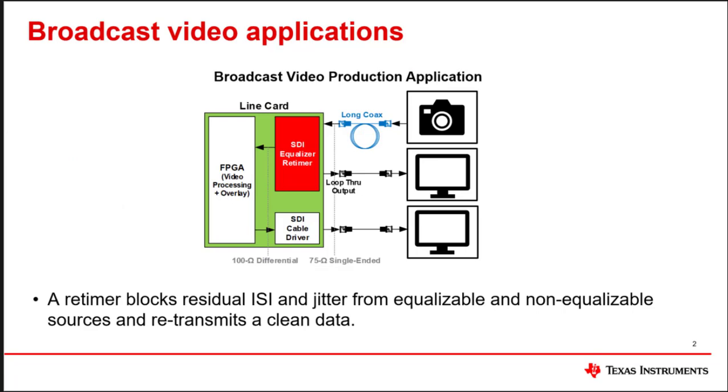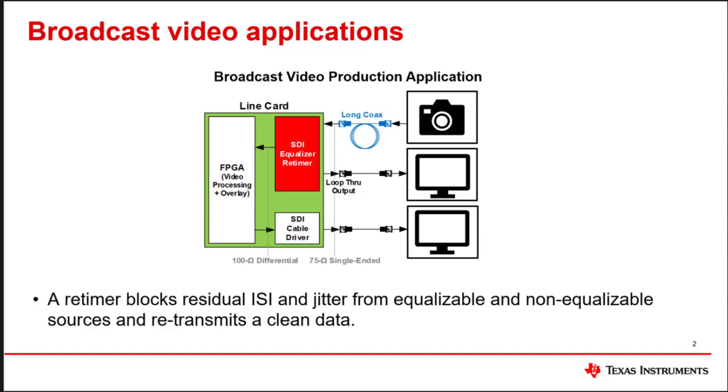In broadcast video applications with SDI, cameras output video data through a long single-ended 75-ohm coaxial cable to a line card. Retimers on the line card will then equalize and send a clean version of the video camera data to an FPGA for processing and overlay. For an example, think of a live football game.